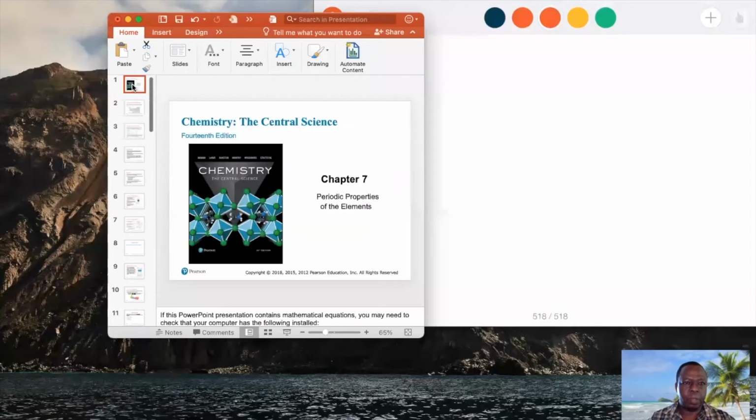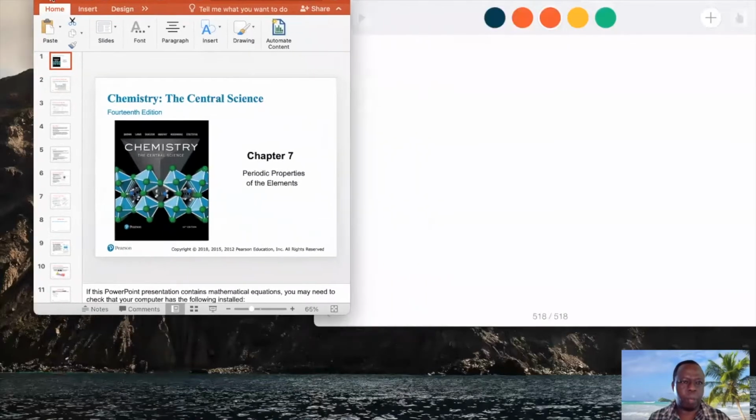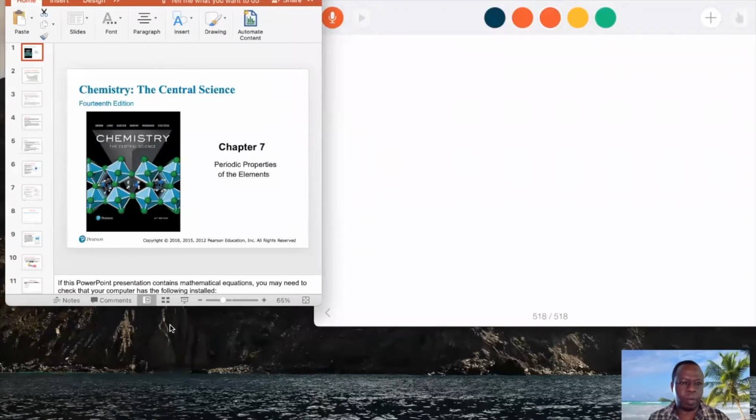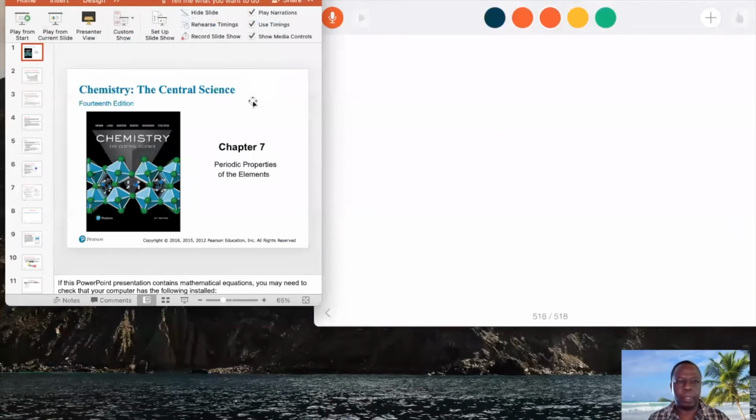And I know this chapter, the periodic table, is not something new to you. You have used it a couple of times, you'll see it over and over again. The periodic table of elements is just the list of elements shown.